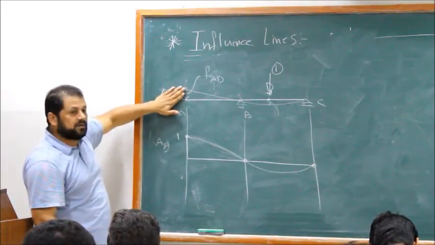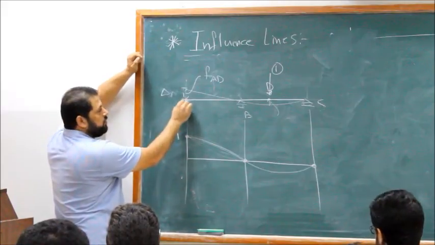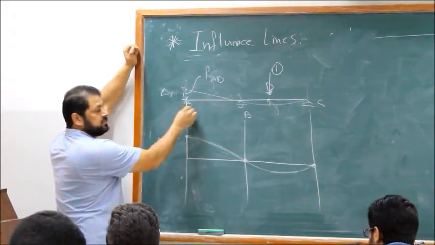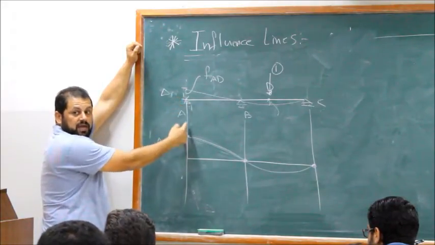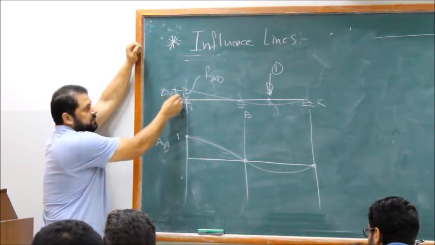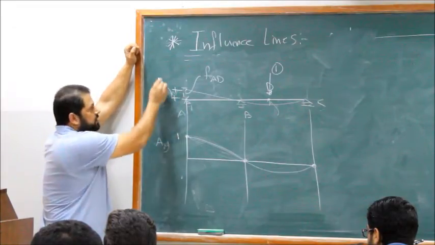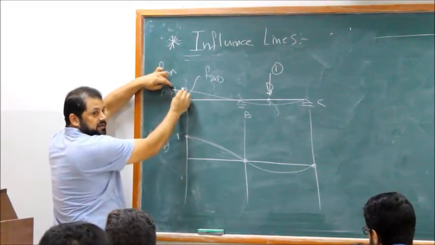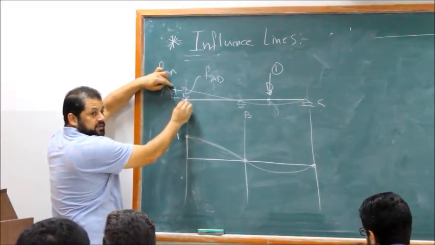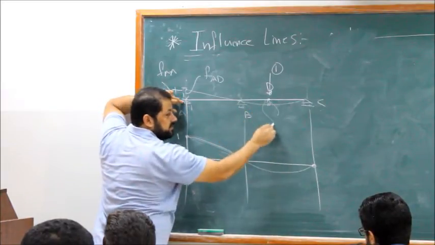Now listen. What if we have one here, and we want the deflection here? We need to apply one here, right? What's this one now? This is FAA when you have one here. And what will it be due to the one here?